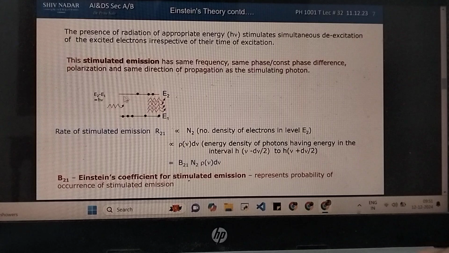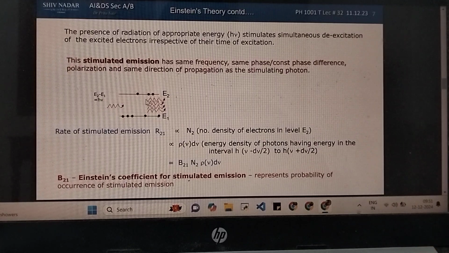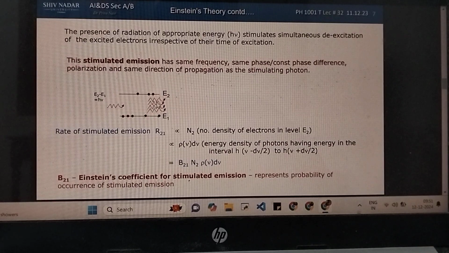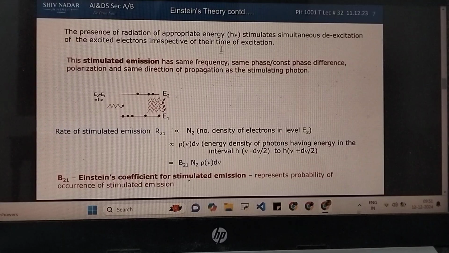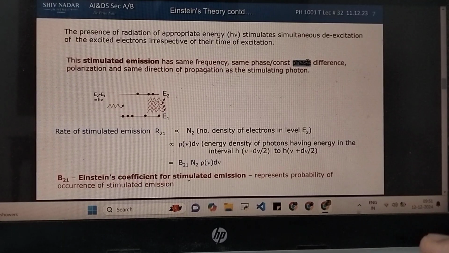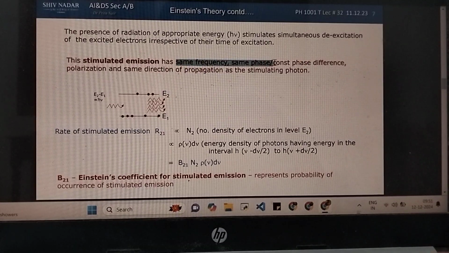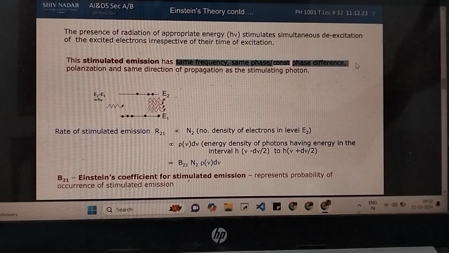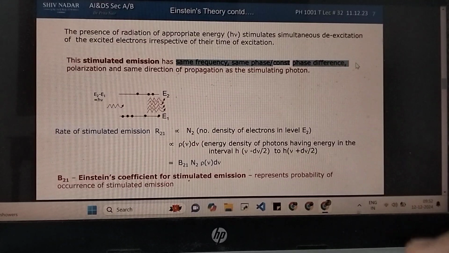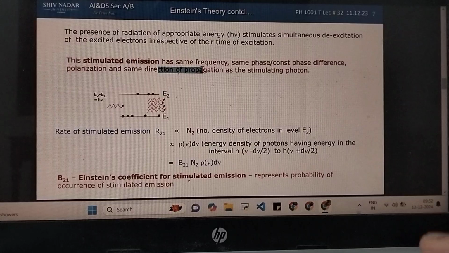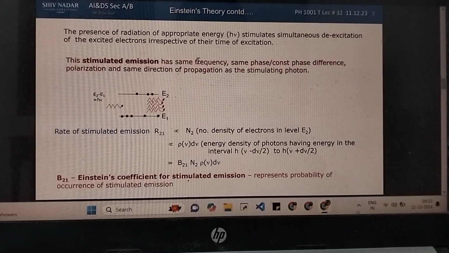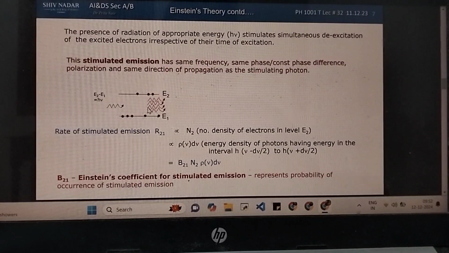And because this emission is triggered by this quantum, all these released photons travel with the same frequency, same phase or constant phase difference, and same direction. In a previous segment, if you remember, we saw that the first two are the conditions for coherence. And same direction of propagation is what we call directionality. And these happen because of this triggering.